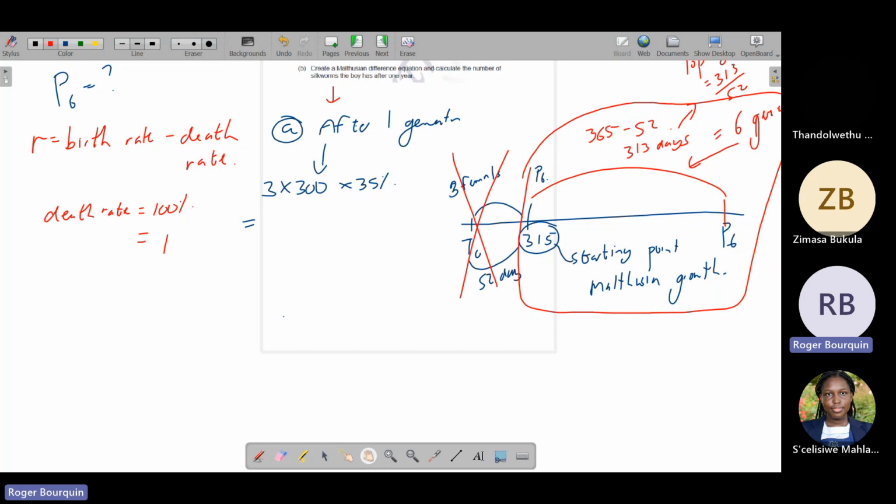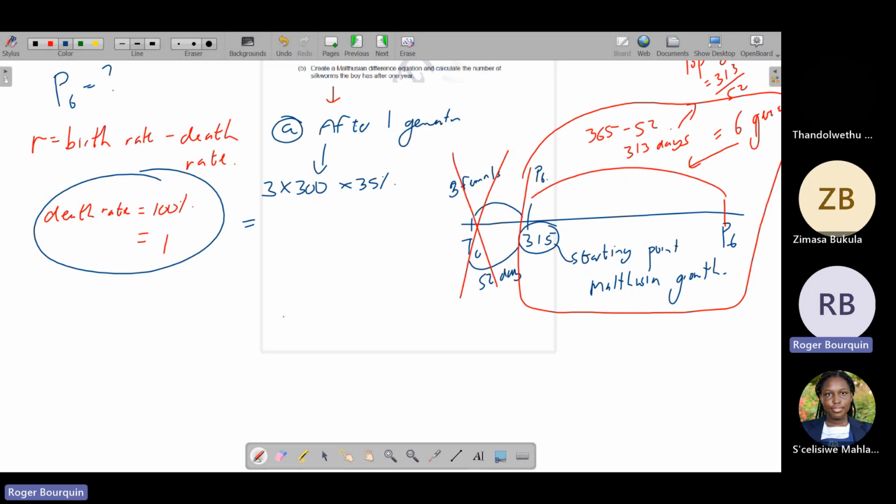In one generation cycle, you'd expect all of them that were alive at the beginning of the population cycle to die, right? I'm a silkworm, 52 days, I'm expected to be dead, all of us. But our children survive. Not great for us, but it's not bad for the species. So death rate is 1, right? Did that answer your question, Zamasa? Yes, sir. Okay, I'm assuming it was Zamasa. Right, so the death rate is 1.